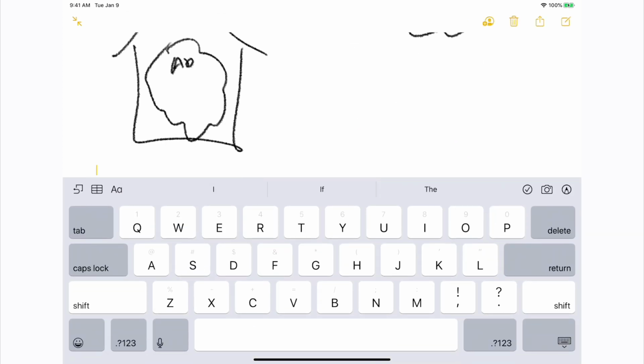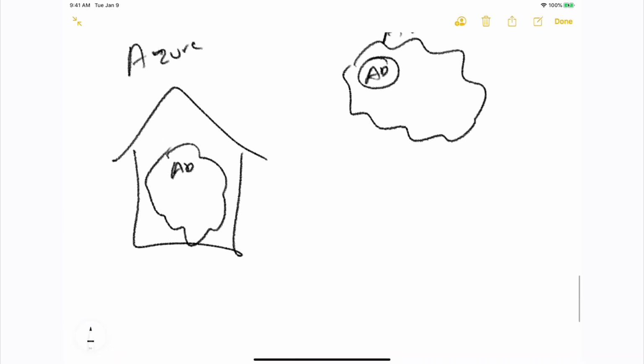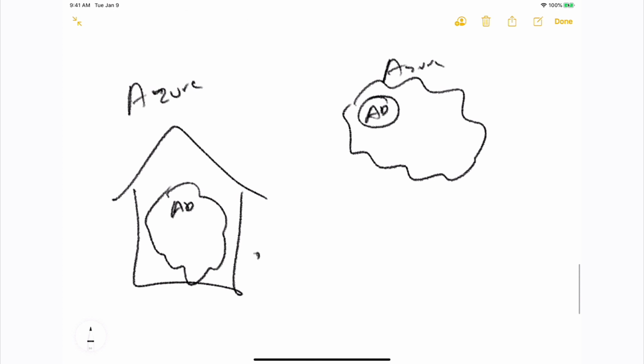Let's say you have a user, and that user has a laptop computer, because everybody has laptop computers nowadays. As far as that user is concerned, all they want is to be able to log into their computer and get access to whatever services they need, right?